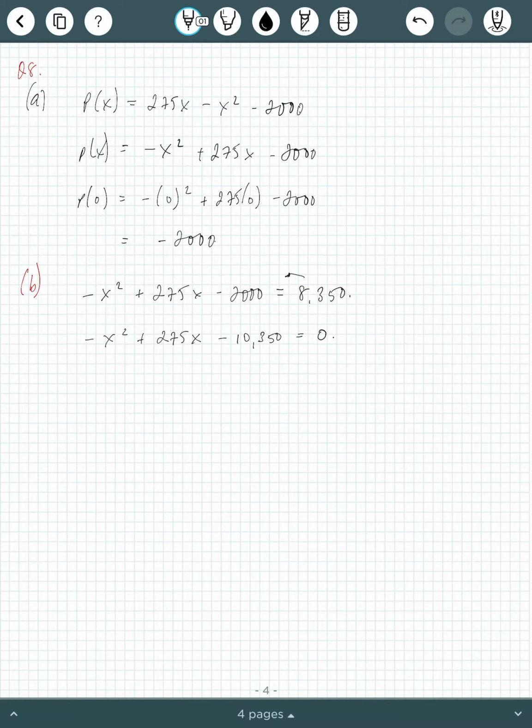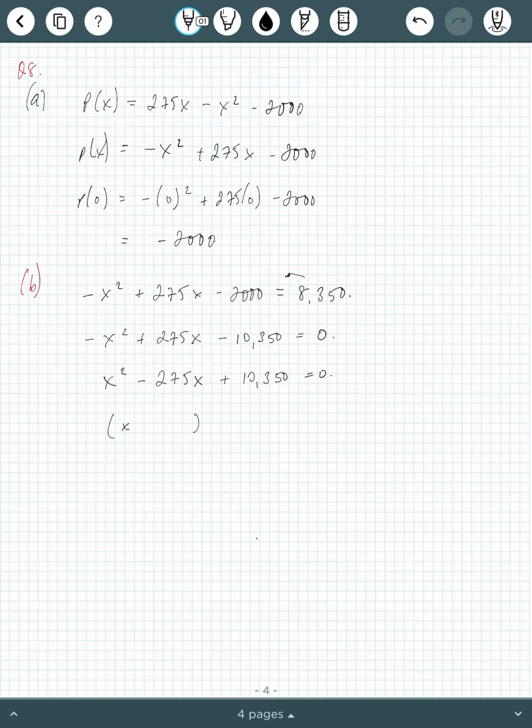Now, when you have big numbers like that, it's quite possible that you're going to get nice factors for it. So I'll give that a go here. I want to change all those signs because I don't like the minus there, so it's x squared minus 275x plus 10350 equal to 0.